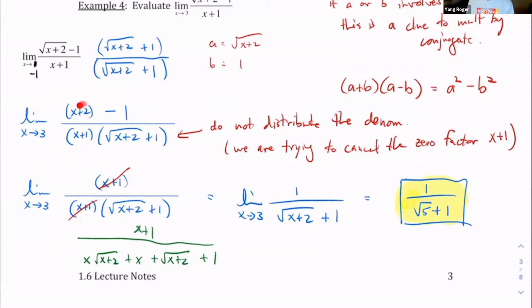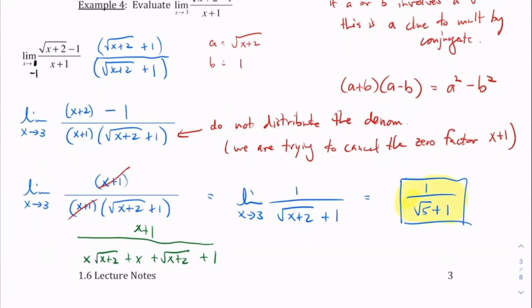So what's 2 minus 1? 1. Oh, so that's all you have to do. Yeah. It's x plus 2 minus 1 is just x plus 1. Makes a lot of sense, actually.